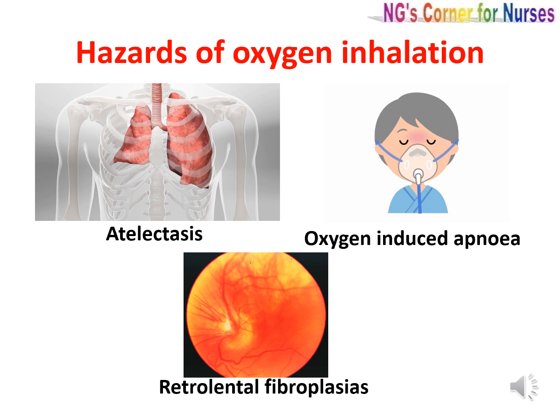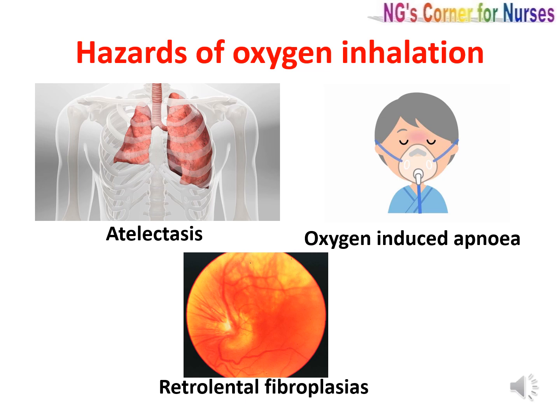Then oxygen-induced apnea. We all know apnea means cessation or absence of respiration. Since carbon dioxide is washed off completely from the blood by a high concentration of oxygen, the respiratory center is not stimulated sufficiently, which leads to cessation of respiration, or apnea.